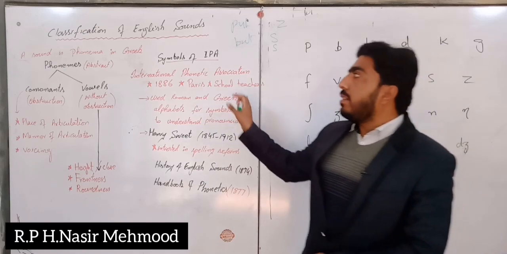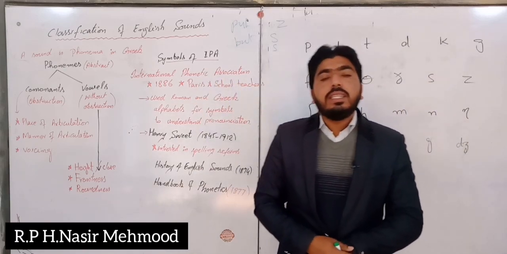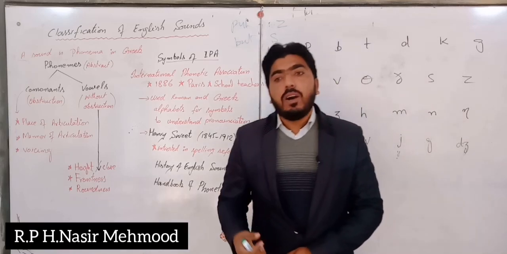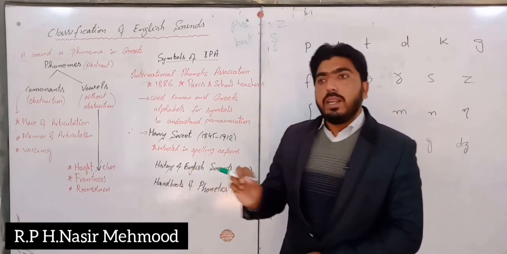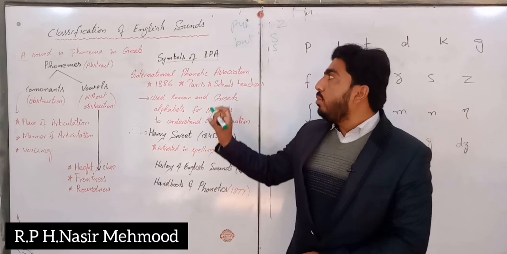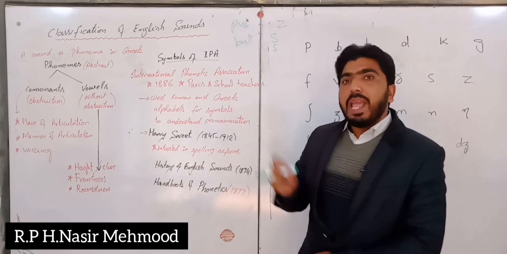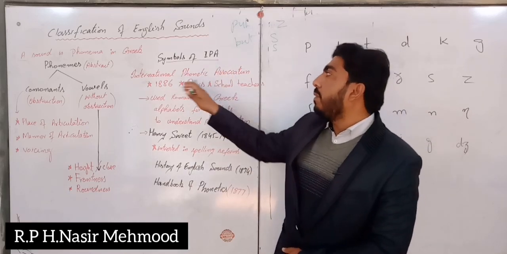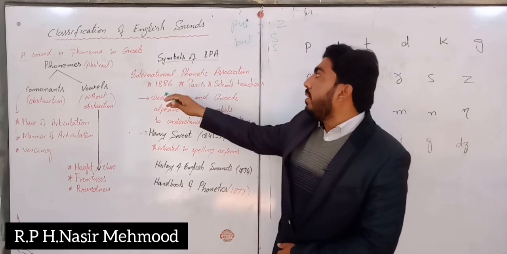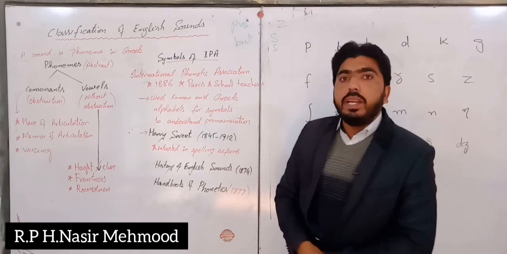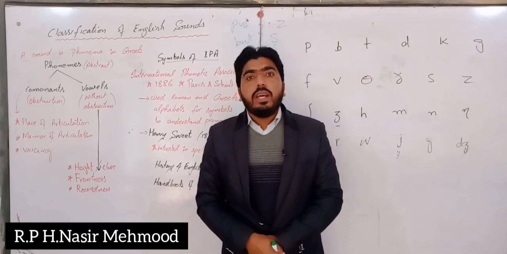So this was just the background of these symbols of basic sounds. If you start learning these sounds, you need to keep in mind a bit of background, that the IPA, International Phonetic Association, was established in 1886.